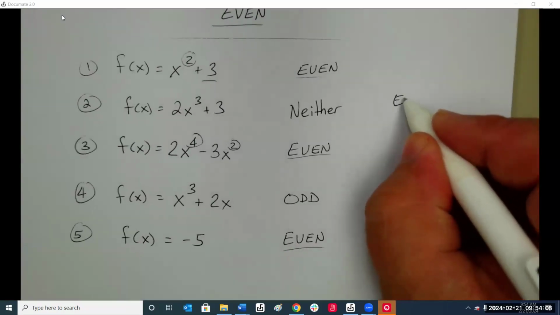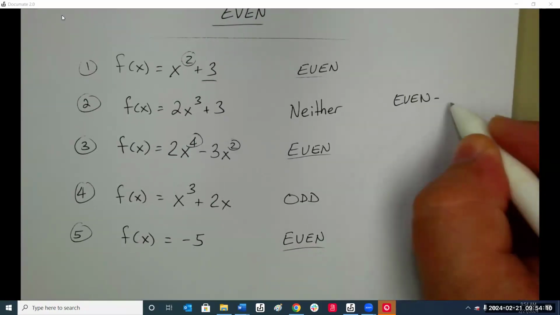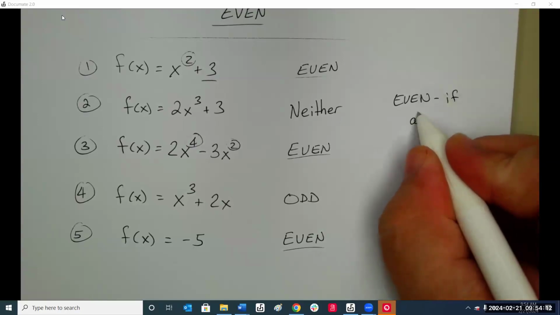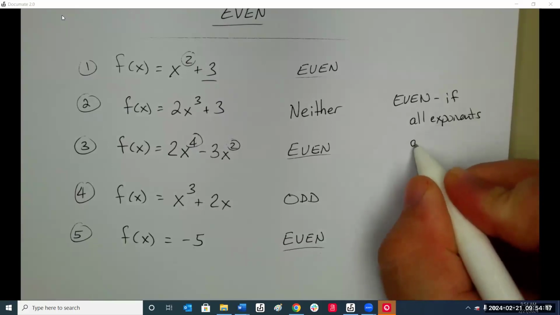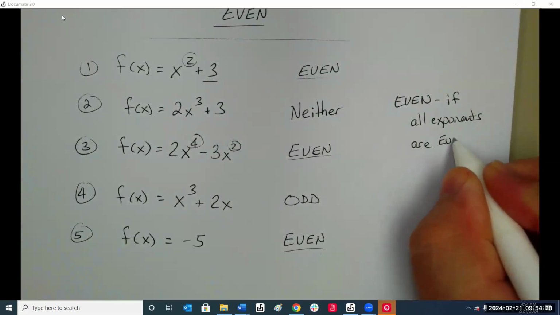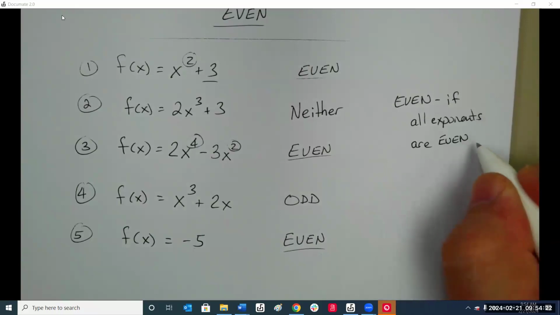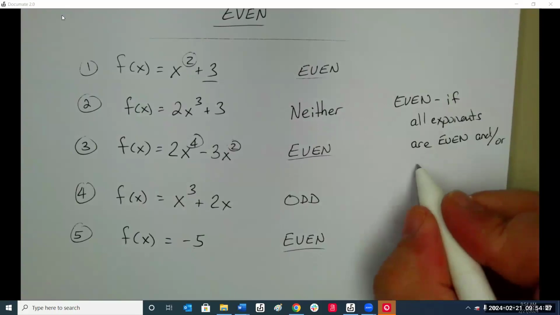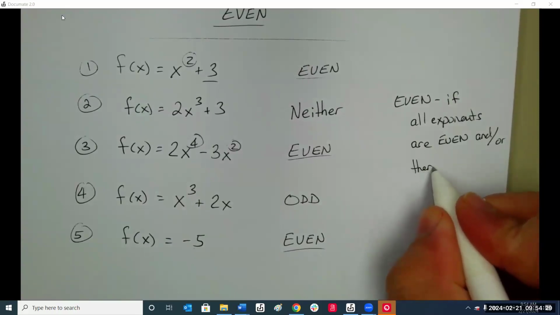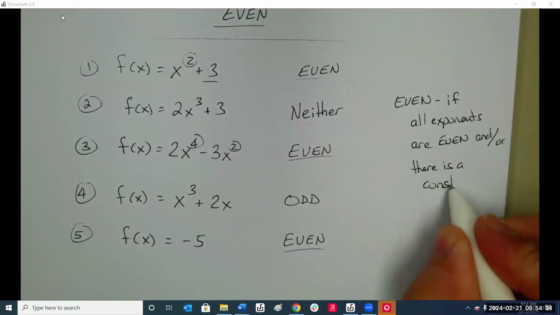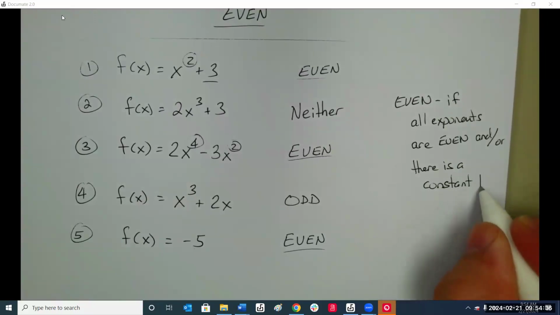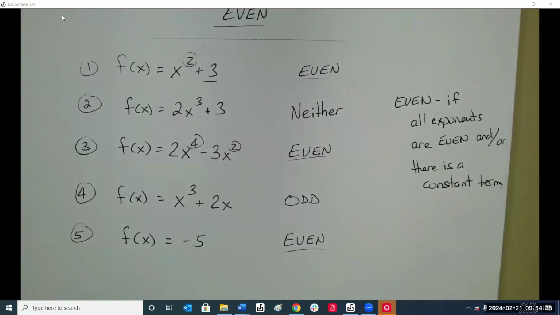So it's even if all exponents are even and or there is a constant term.